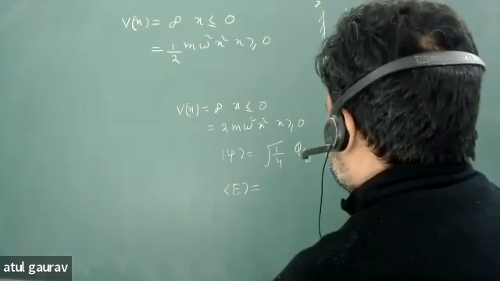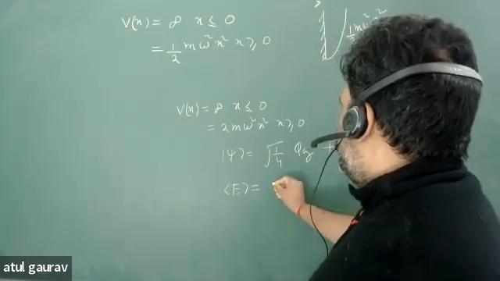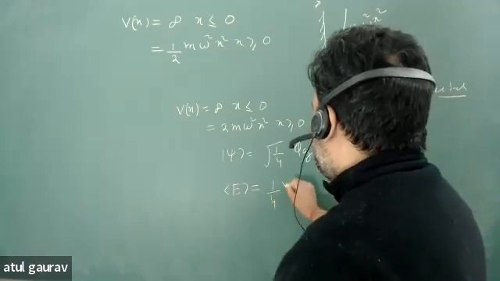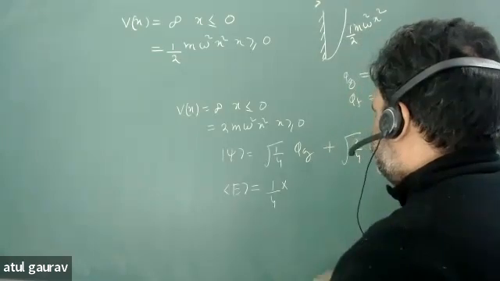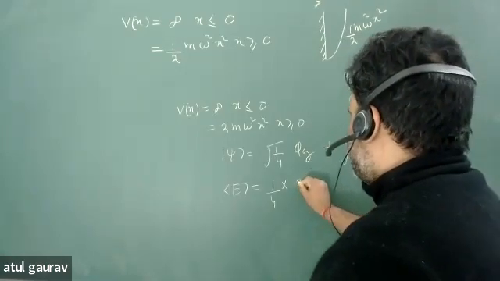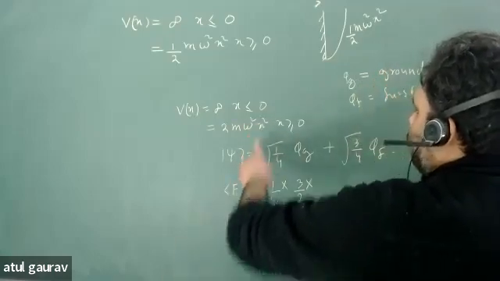So 1 by 4, what will be the ground state energy? H cut root omega. 3 by 2, what is your parameter here?